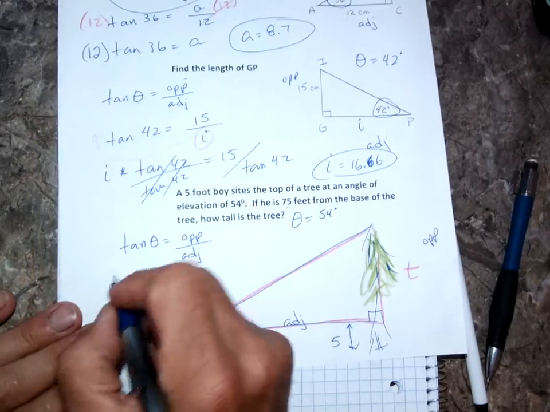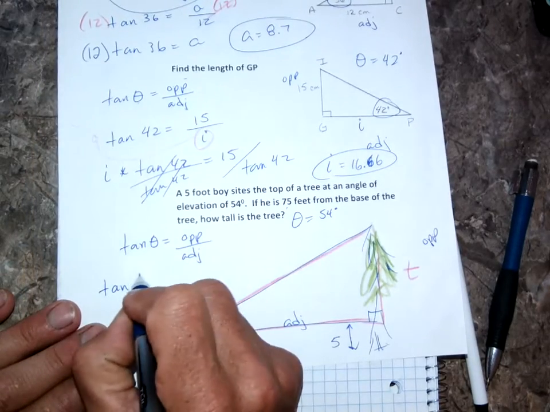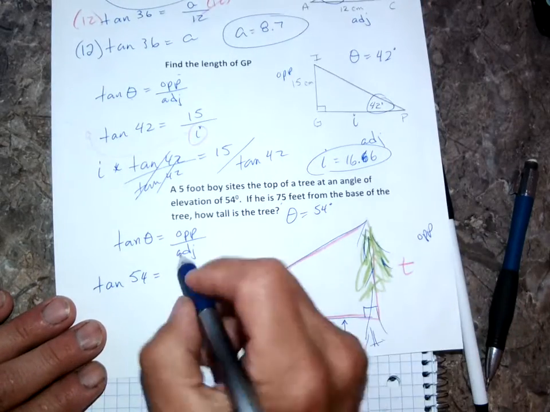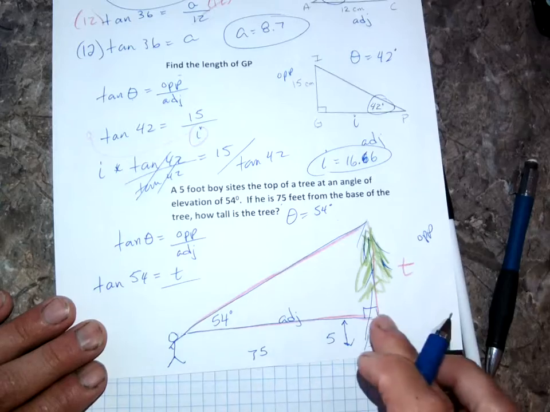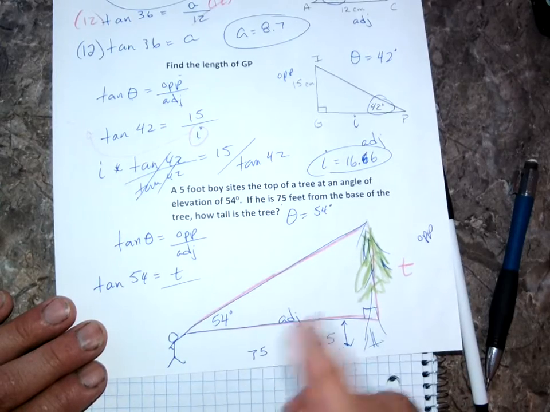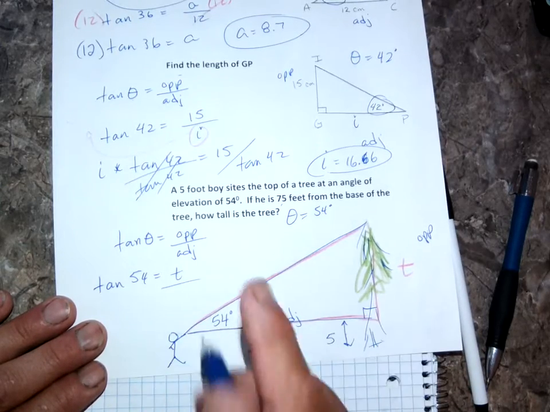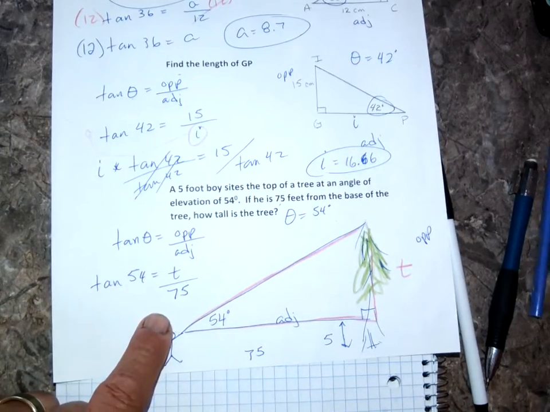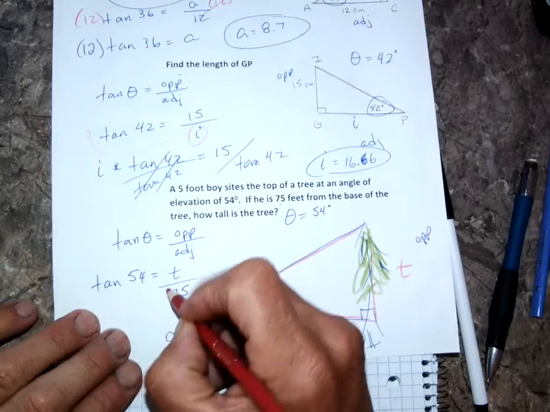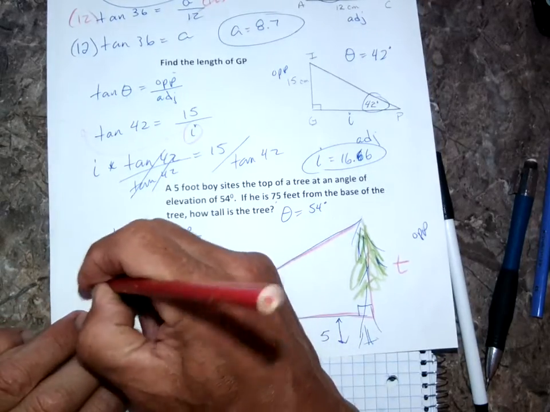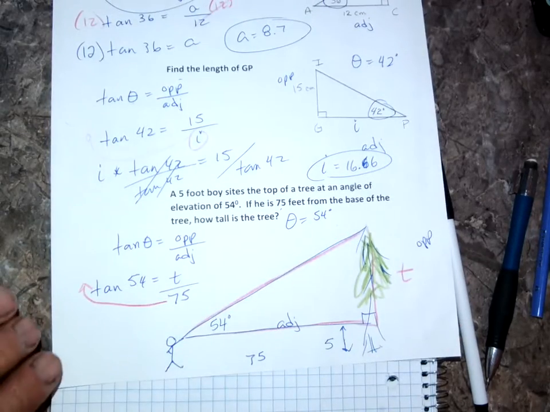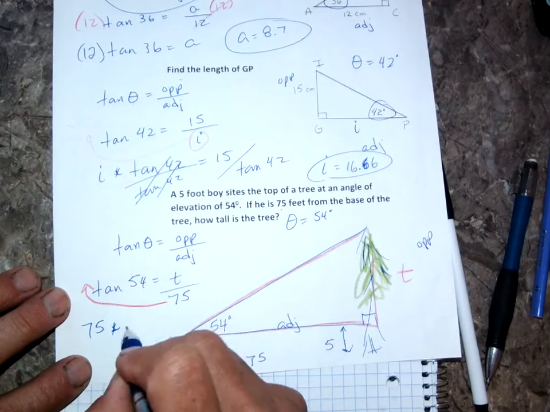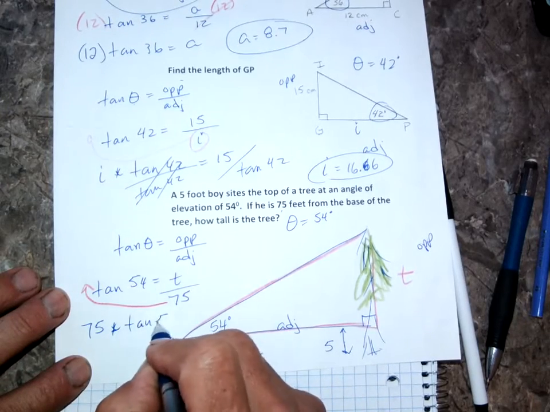So tangent of 54 is equal to the opposite side, which is little t, over the adjacent side, which is the 75. I'm going to multiply because I need to solve. So I'll multiply the 75 up here. I'll have 75 times the tangent of 54 degrees.